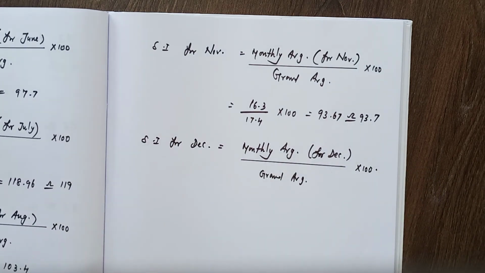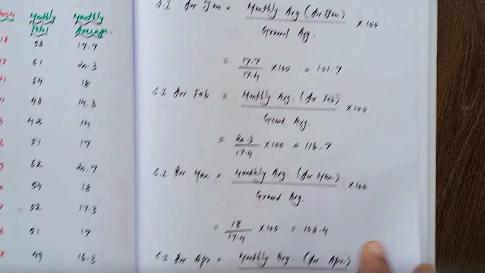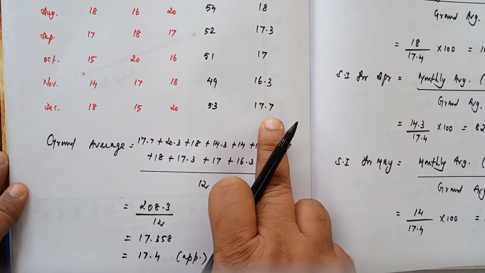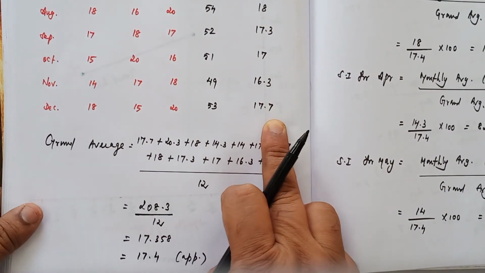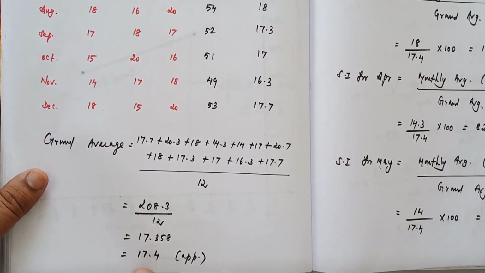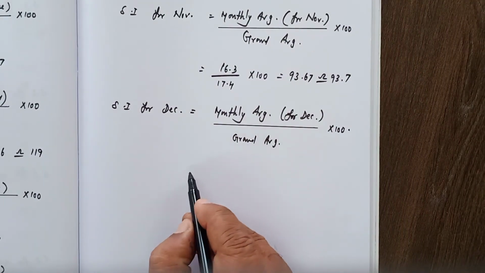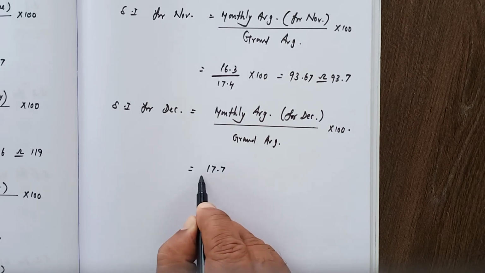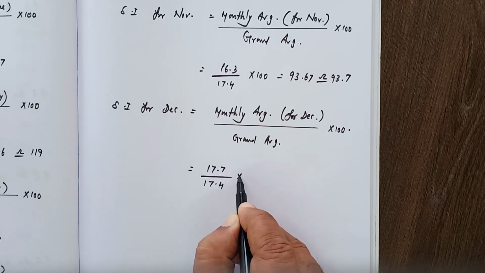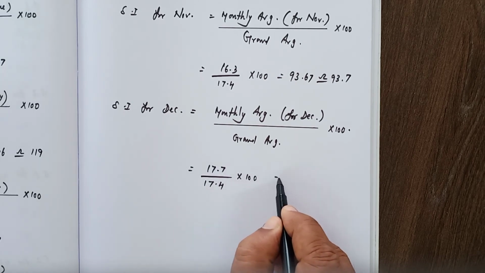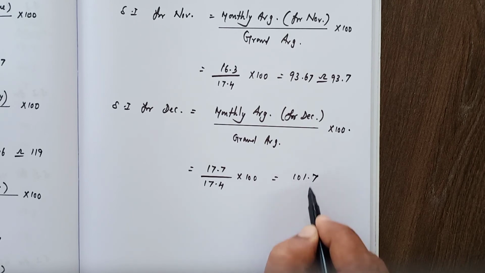For December, the average value is 17.7 and the grand average is 17.4. 17.7 divided by 17.4 into 100 is equal to 101.7 approximately.